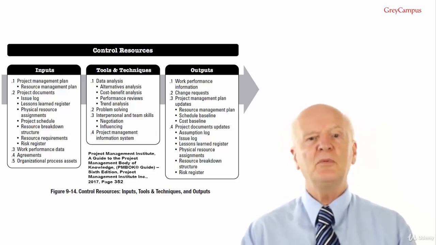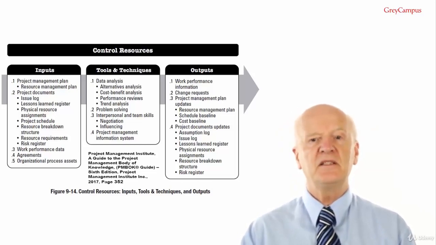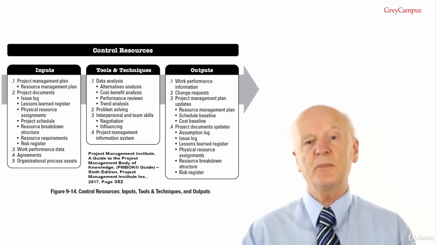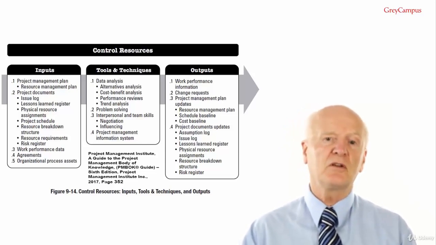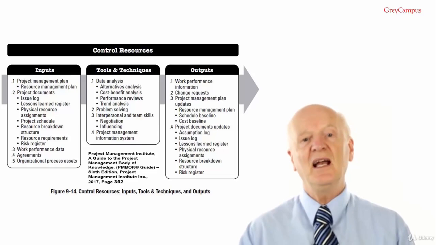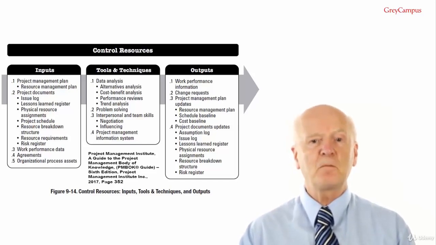Output number 4, project document updates. What we'll be updating here is the assumption log, which may be updated with new assumptions regarding equipment, materials, supplies and other physical logs. The issue log for new issues that are raised as a result of this process. Lessons learned register.